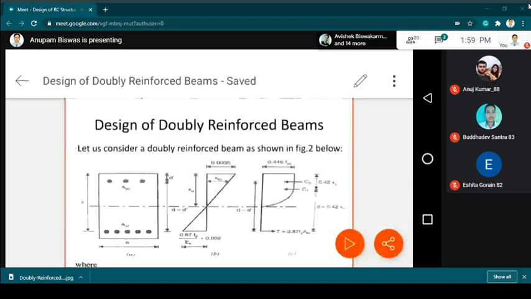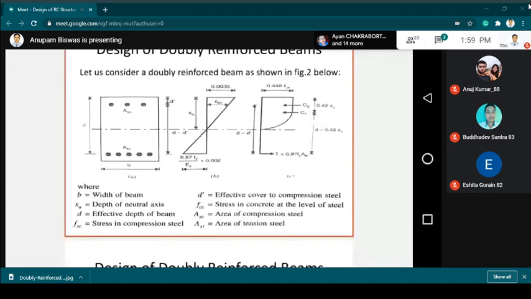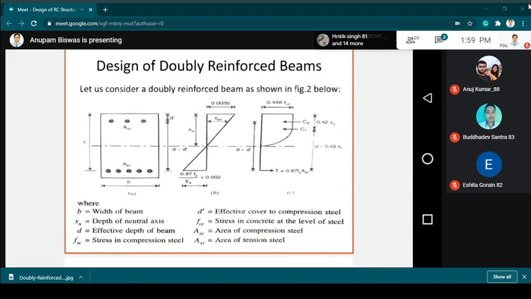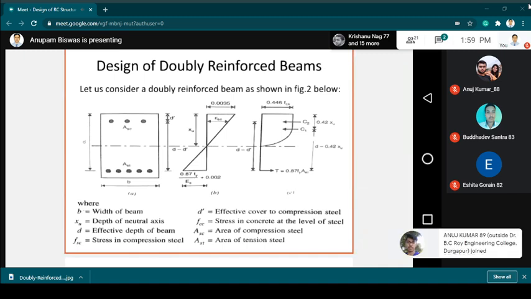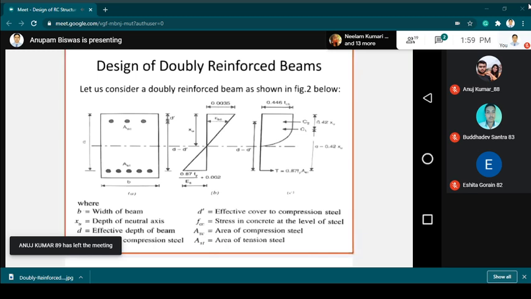Sometimes students make the mistake of considering the overall depth, which should not be taken. The maximum strain at compression lies along with your tension zone steel, at the effective depth of the beam, not the overall depth. And the value of overall tension is 0.87 fy Ast.